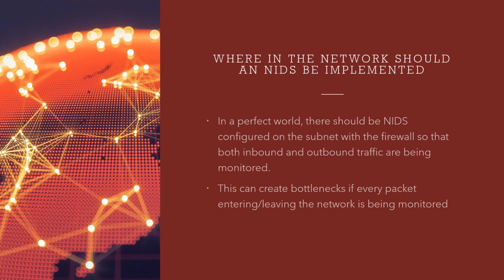And so where in the network should a network intrusion detection system be implemented? In a perfect world, the NIDS should be configured on the subnet with the firewall, so you have both of these tools. The firewall explicitly states what we want for inbound and outbound traffic, and then an NIDS monitors all of this inbound and outbound traffic.